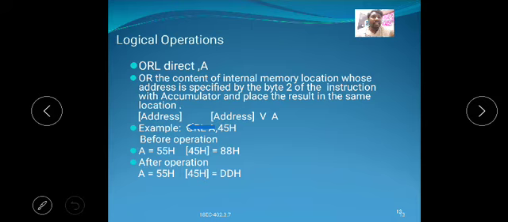Direct address tends to direct address OR A. The example: ORL 45H comma A. Before the operation, A is equal to 55H and the memory location 45H has the content 88. After the operation, A is equal to 55 and the memory location 45 content is DDH.